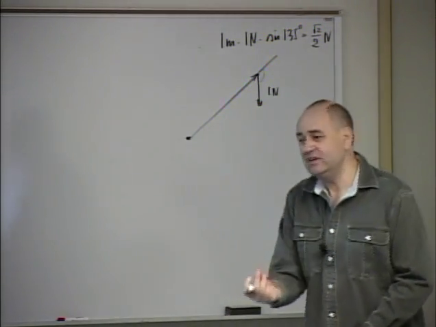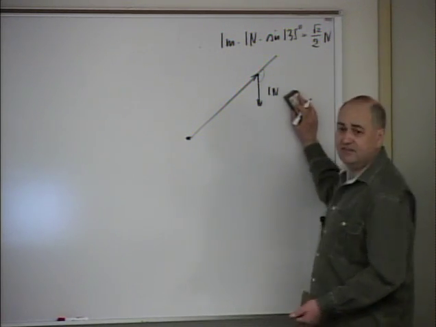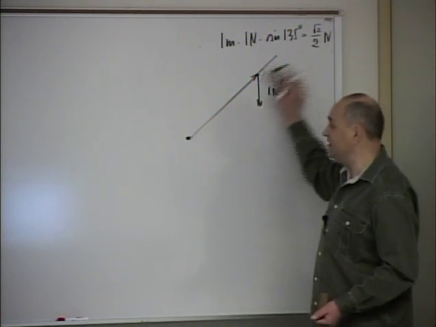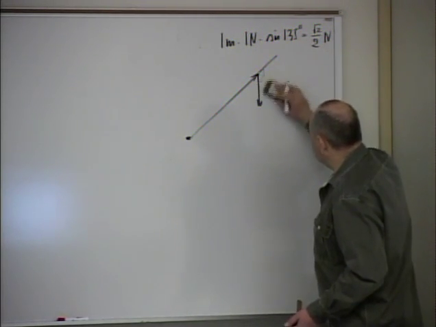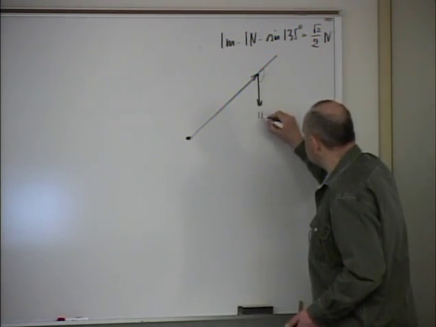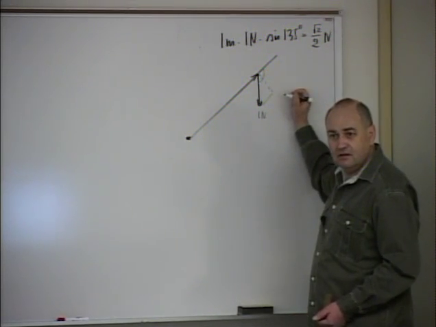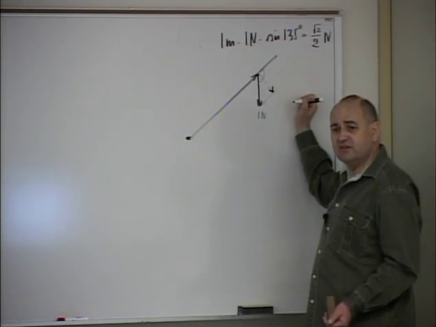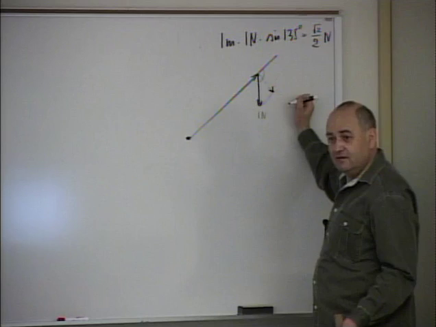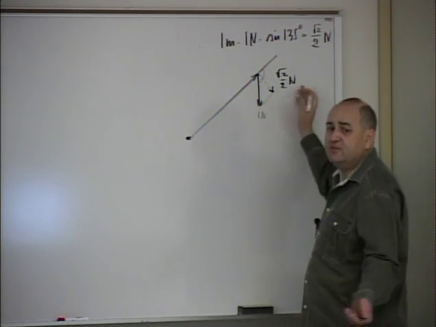Now I could do it in such a way that I first concentrate on the component perpendicular to the stick. If this force is 1 Newton, what is the component perpendicular to the stick? How strong is this component? Square root of 2 over 2 Newtons, 0.7 Newtons.